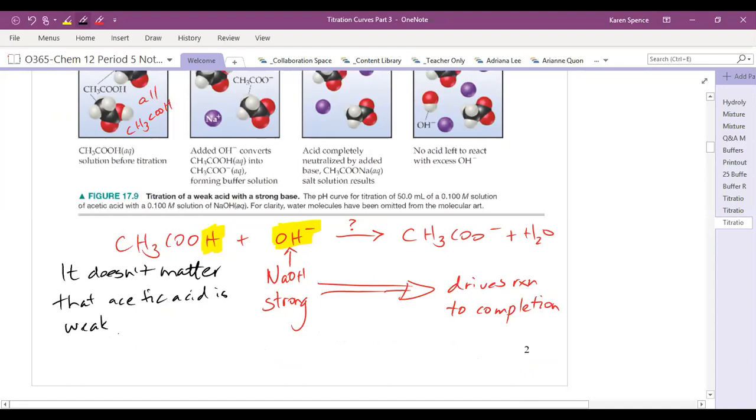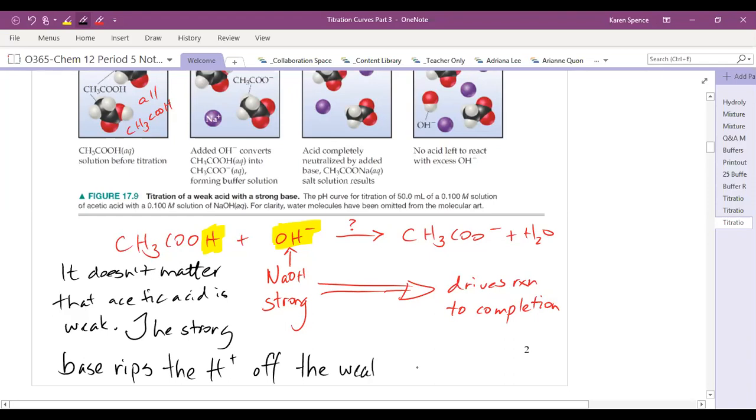It doesn't have to wait for them to dissociate. It doesn't matter that the acetic acid is weak, the strong base rips the protons off the weak acid. It doesn't have to wait for them to dissociate.